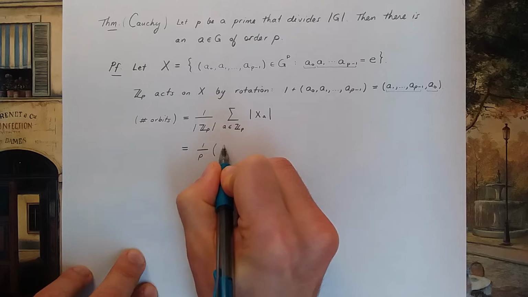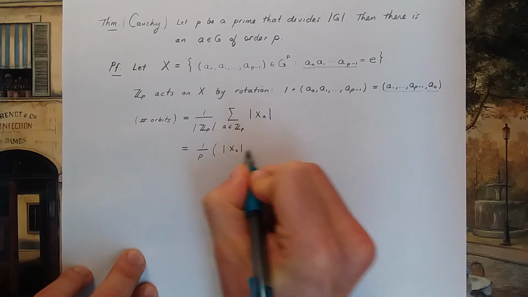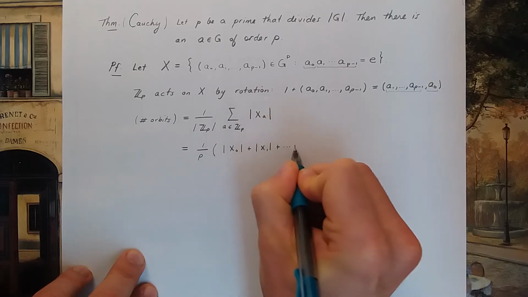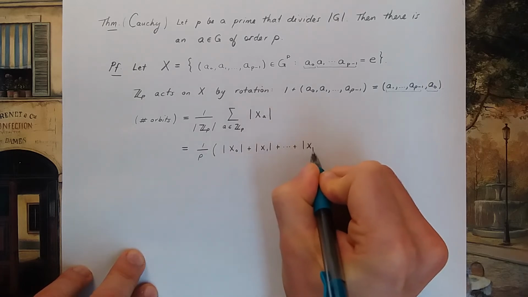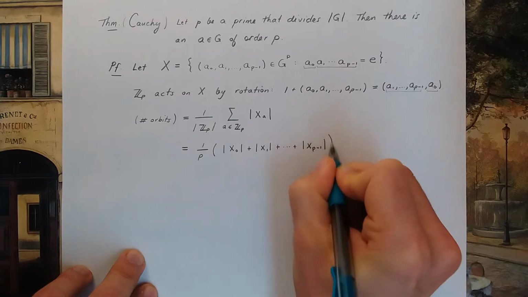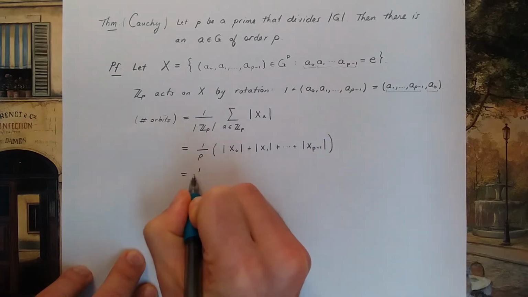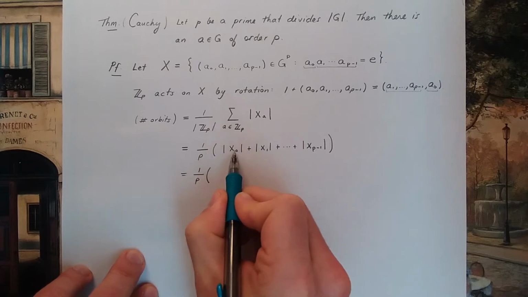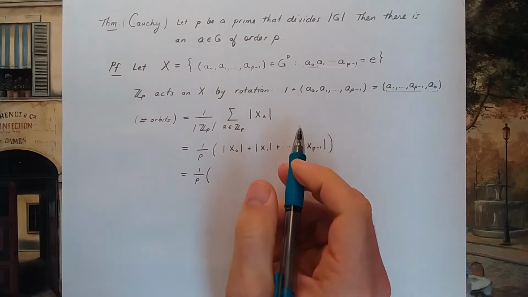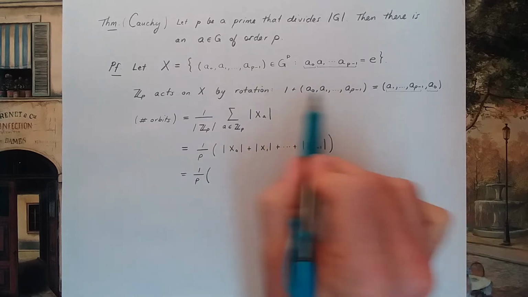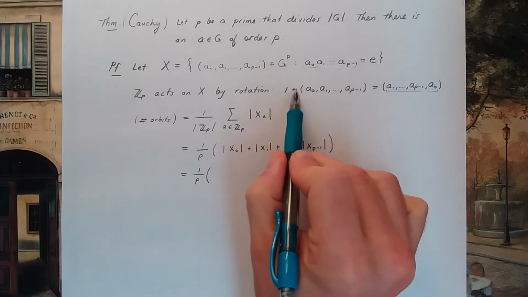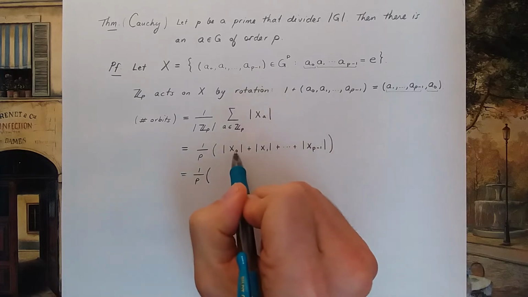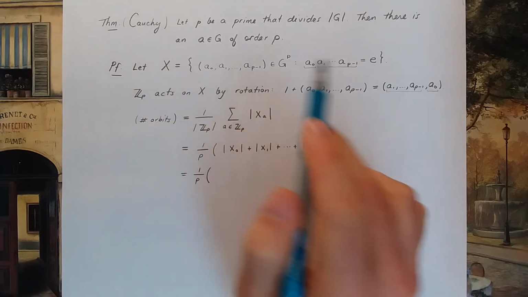Then I'm going to add all the sizes of these fixed point sets. 0 is the identity element in Z_p. It doesn't affect your tuple. So 0 plus your tuple leaves your tuple unchanged, meaning the fixed point set is everything in X.